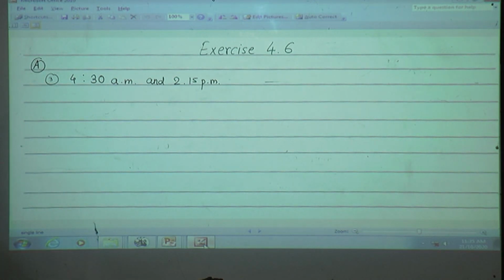See, now in this question they have given one in AM and one in PM, isn't it? Now I'll solve this question in both the ways. Okay, now we will see.